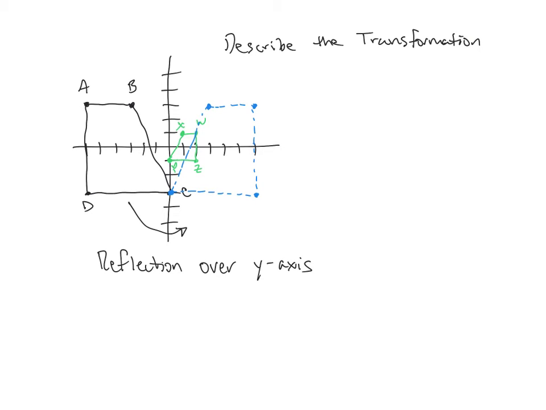So at least now they look the same. They both kind of point to the left, the blue one and the green one. So this would be like B prime, A prime, D prime, and C prime.